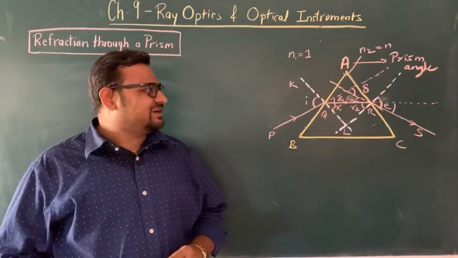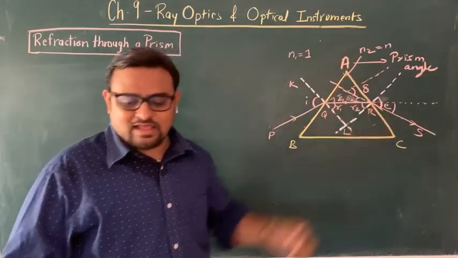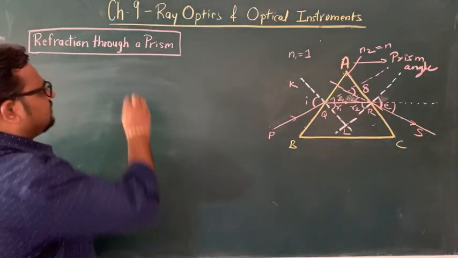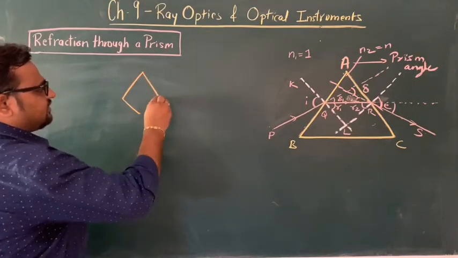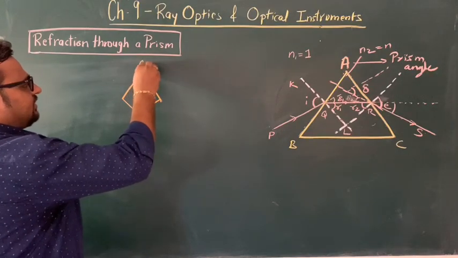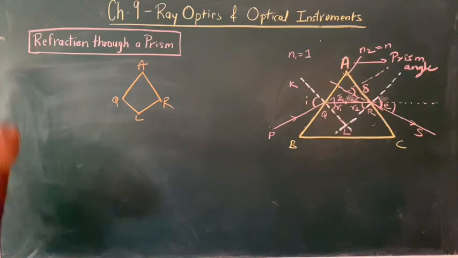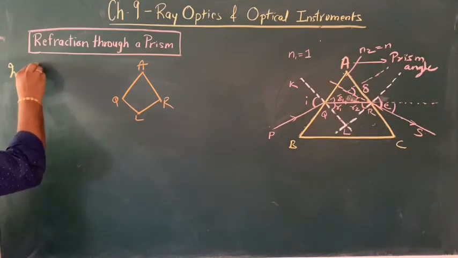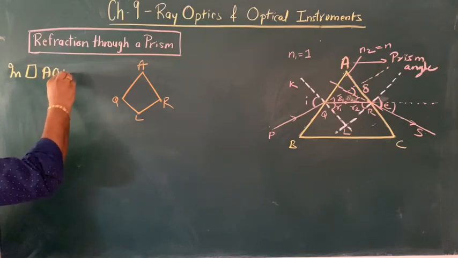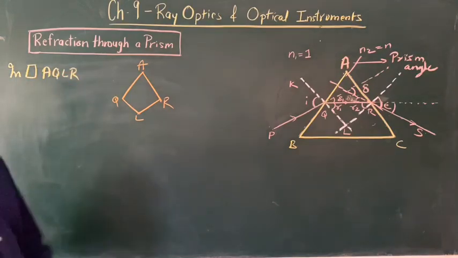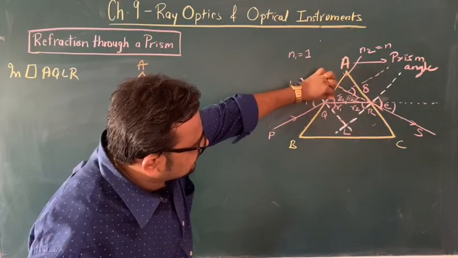Now, let's take the quadrilateral A, Q, L, R. In quadrilateral AQLR, now see, QL is normal, so this angle will be 90.